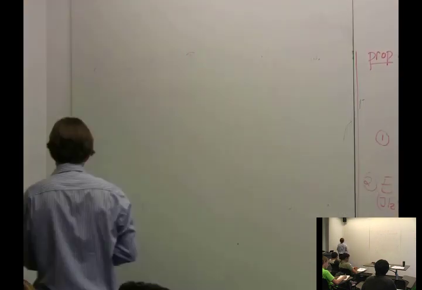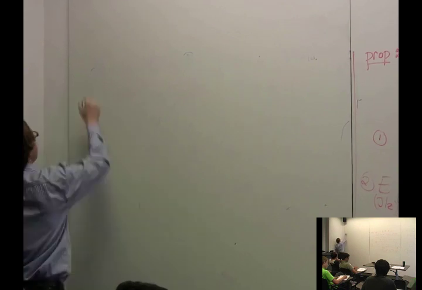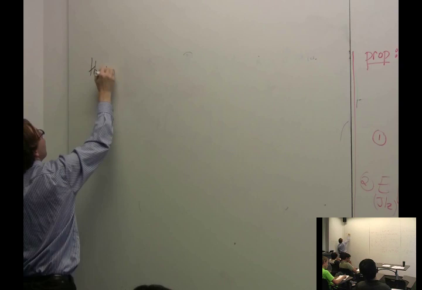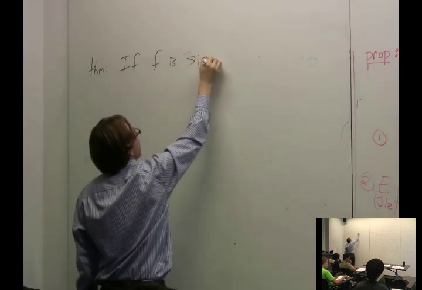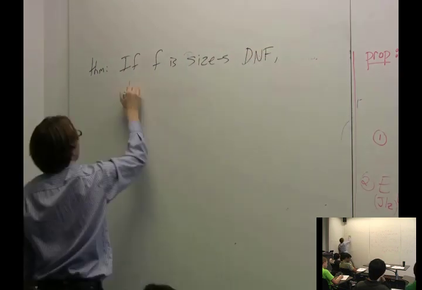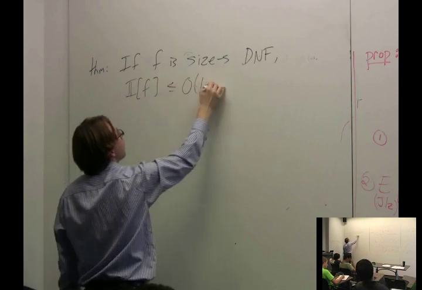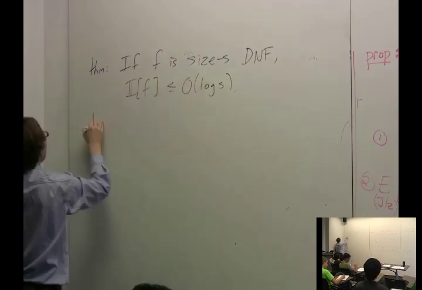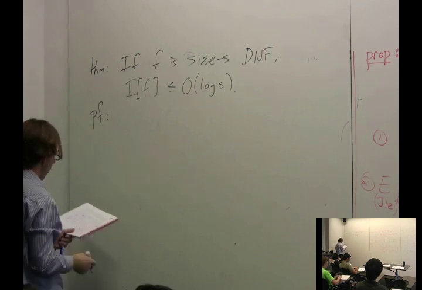Okay, and now we'll end by proving this theorem. If F is a size S DNF, its total influence is at most O of log S. Okay, and we're going to use random restrictions.